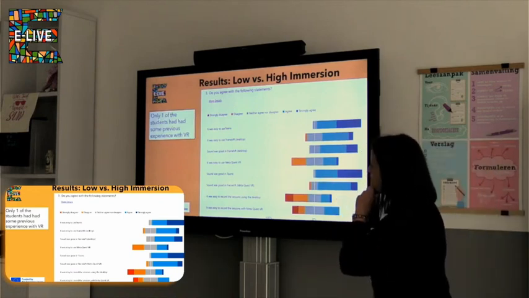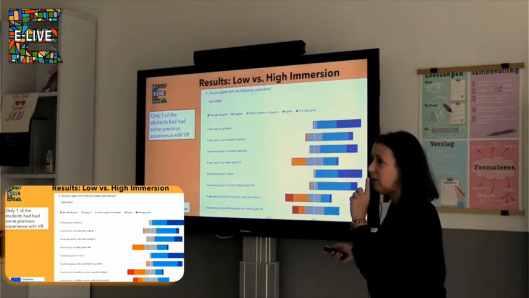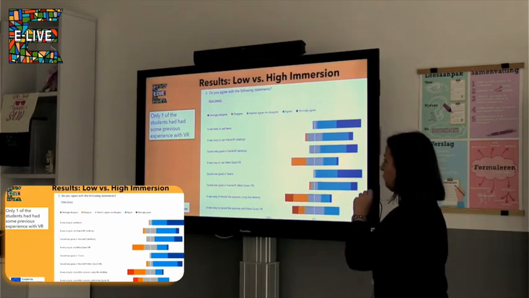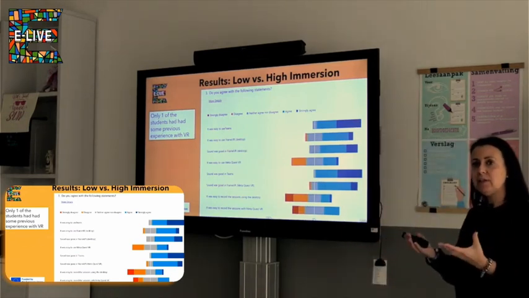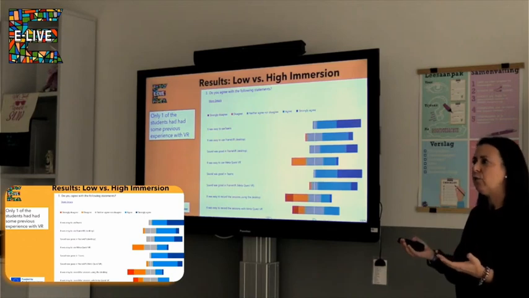Only one of the students had some previous experience with VR before the exchange, and he was one of the Dutch students. The rest didn't have any experience, but they really enjoyed it and it wasn't that hard after all for them.